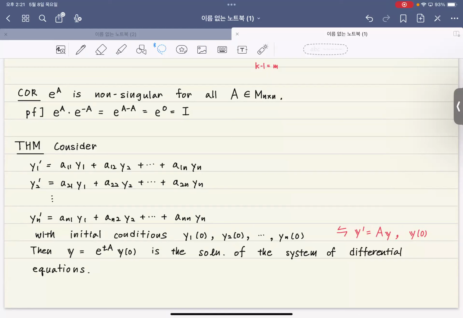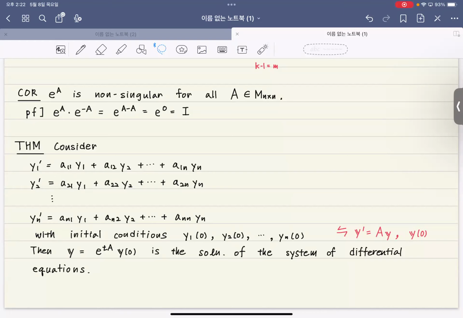Yes. Then y is the matrix exponential of t times A, where this matrix A consists of these numbers. Sorry, I forgot to mention this: you can actually find the matrix A from these equations by looking at these coefficients.